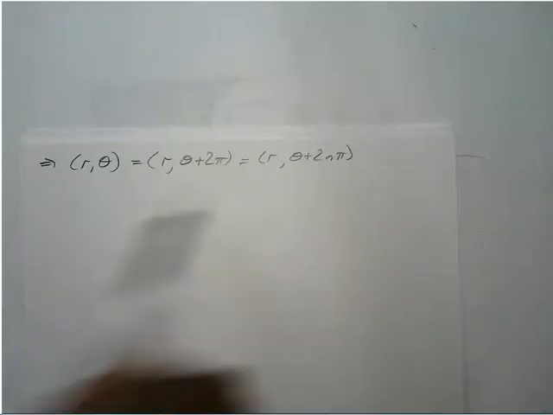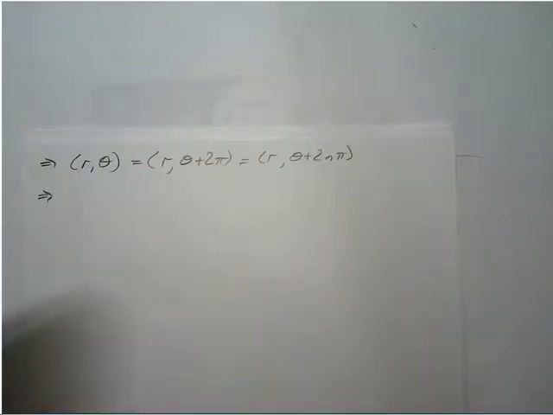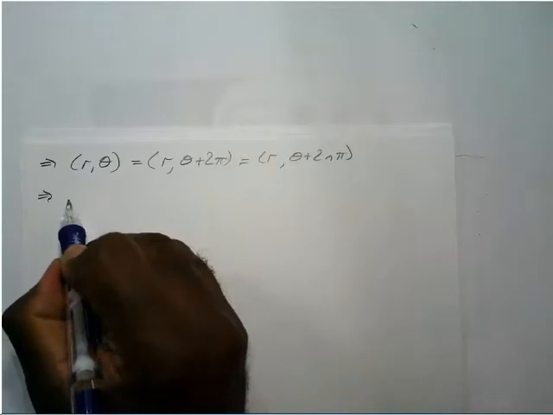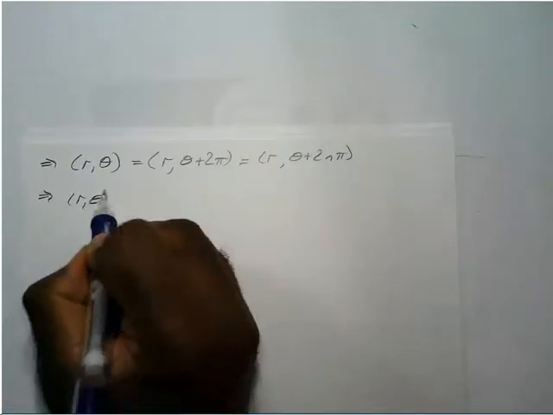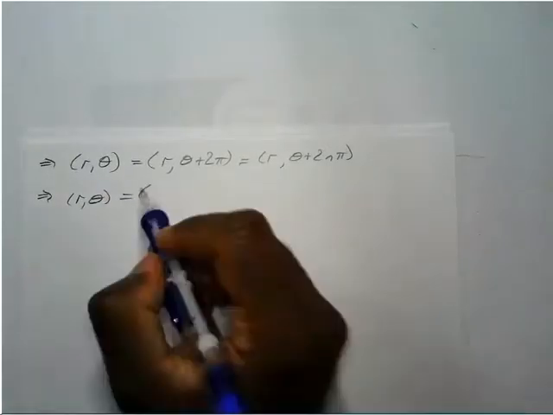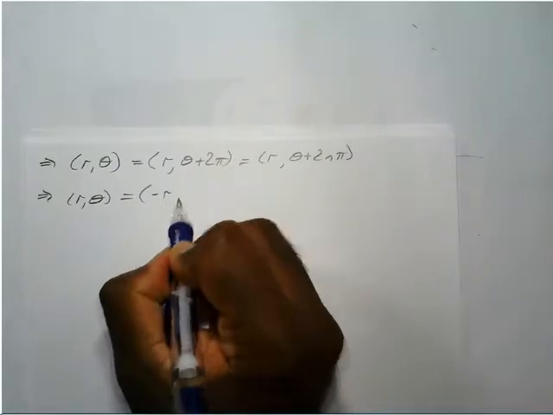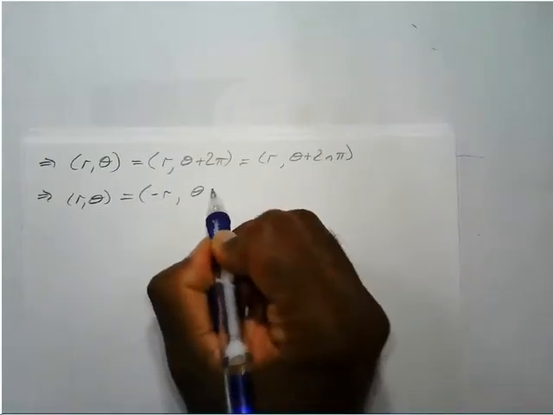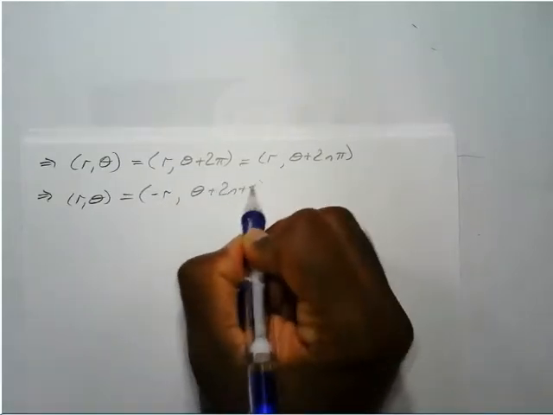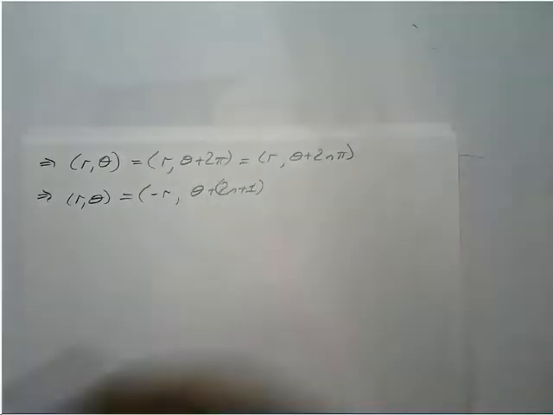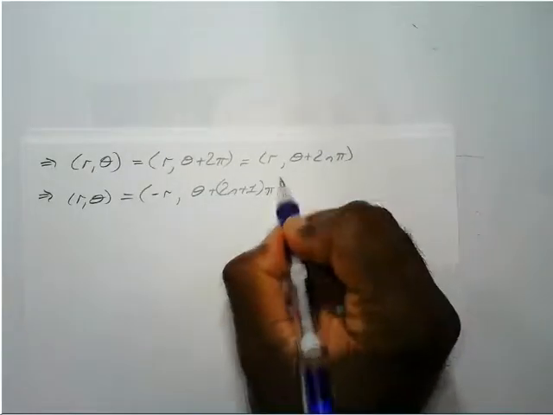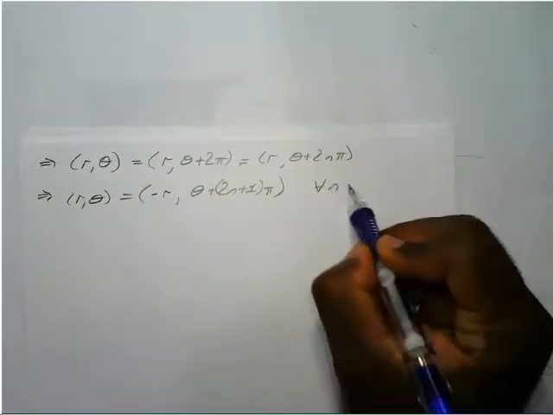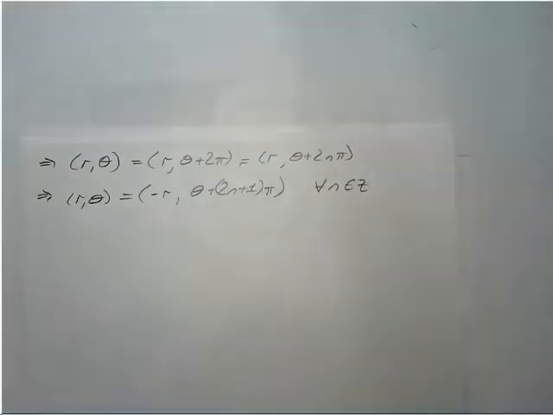I'll give you an example of how that would look, so hopefully it will make sense. Same way, if you have (r, theta), that's going to equal (negative r, theta plus (2n plus 1) times pi), and that's for any number n that's an integer.